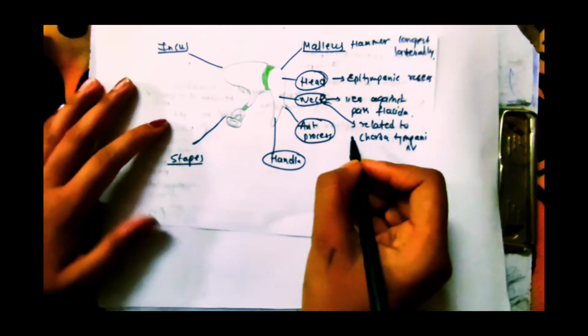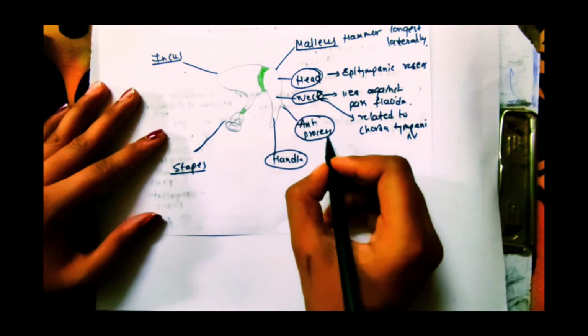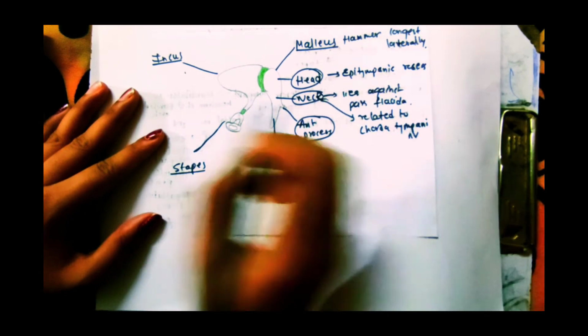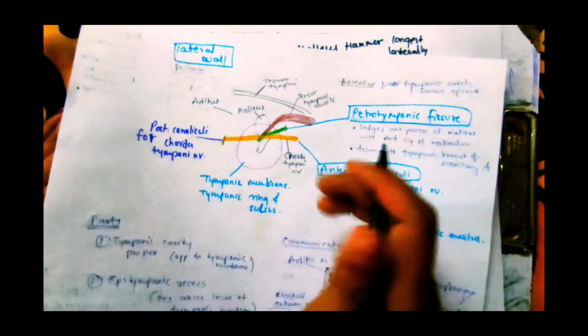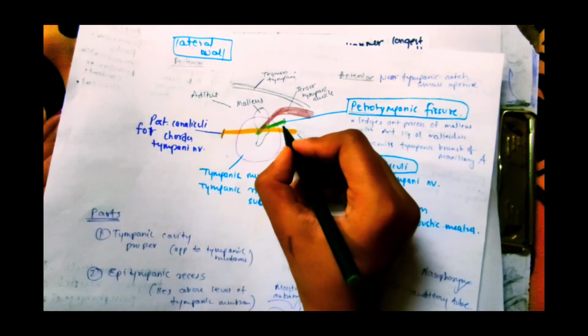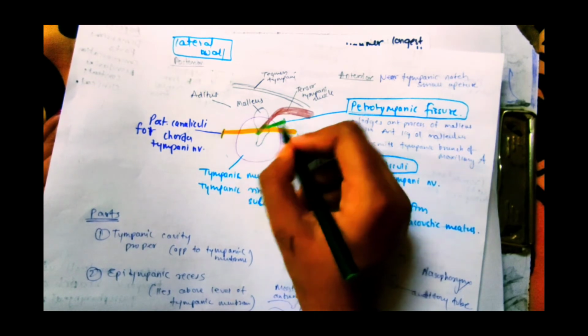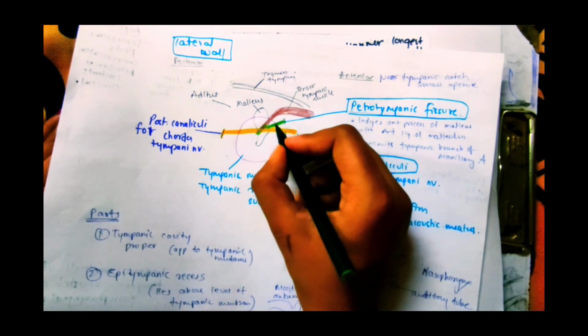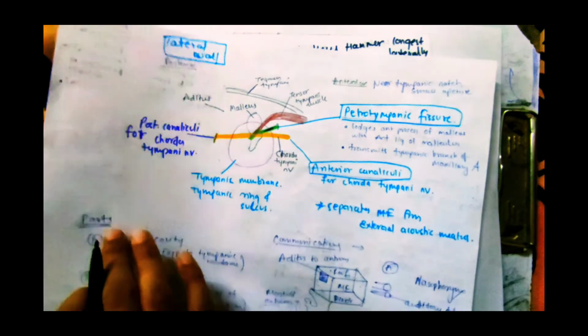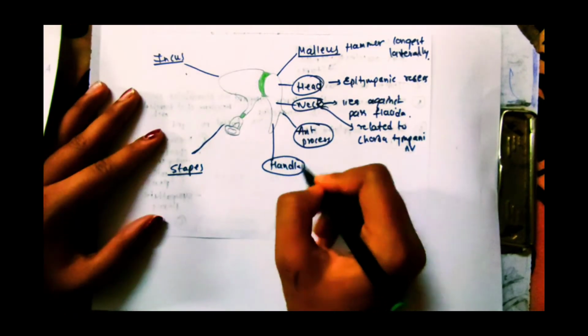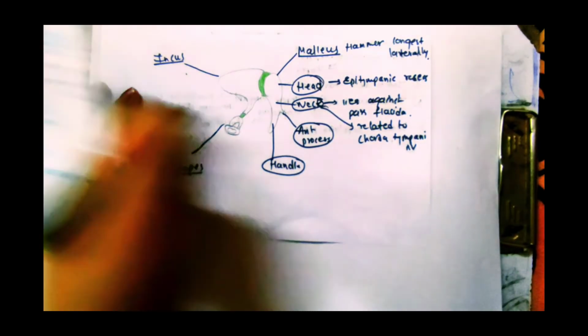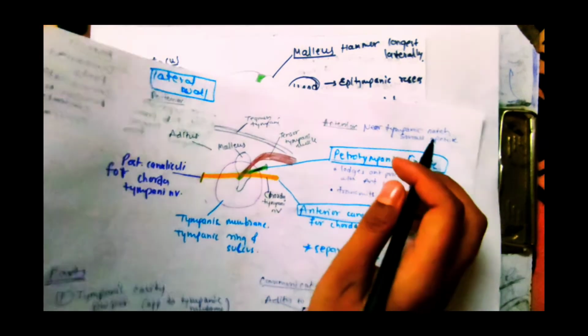Then this anterior process is connected to the petrotympanic fissure by the anterior ligament. This is the petrotympanic fissure, this is the anterior process, connected to the fissure by this anterior ligament. And this handle is attached to the upper half of the tympanic membrane.